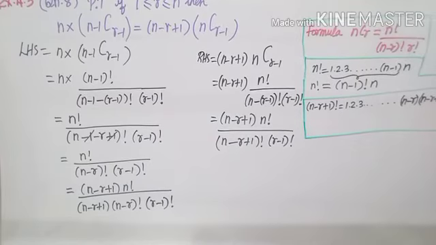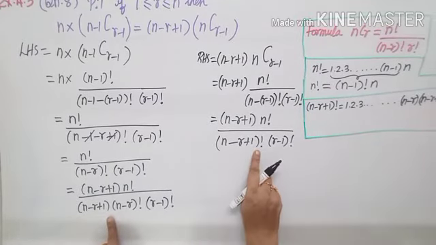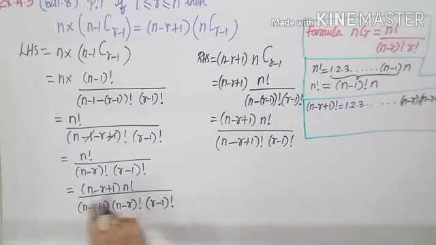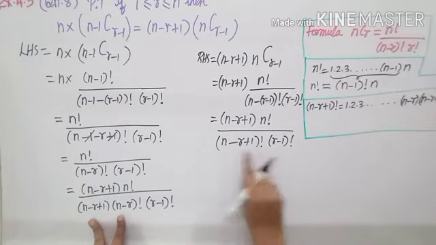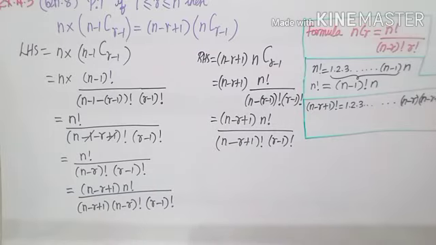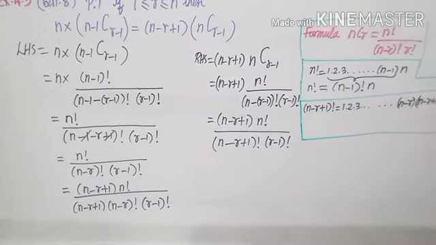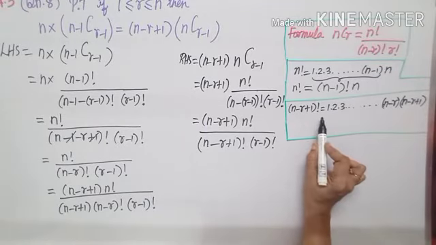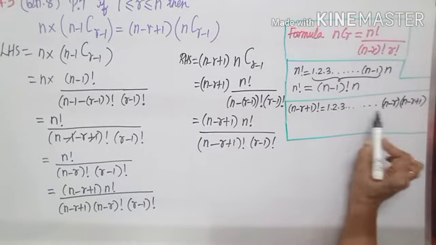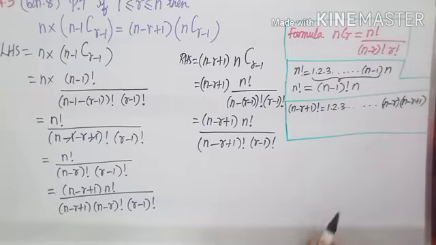Compare this part and this part. The numerator is proper now. LHS and RHS, it is one and the same. r minus 1 also correct. Only this part I must rewrite. So write this formula. What is n minus r plus 1 factorial? n minus r plus 1 factorial can be written as 1, 2, 3 up to n minus r plus 1.